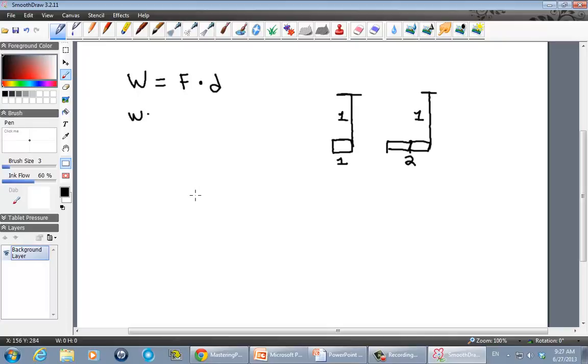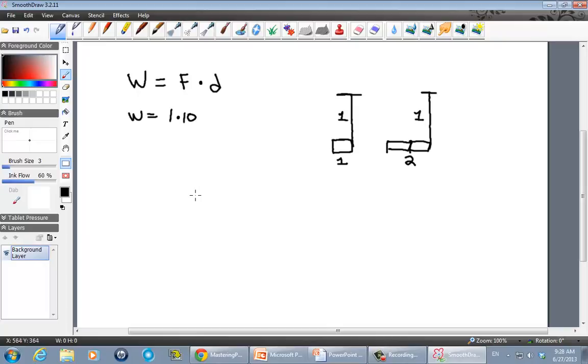So how much work do we do in the first instance? Well, to lift a load of mass 1, that force is going to be the mass times g, which is the acceleration due to gravity. So our force is going to be 1 times 10.